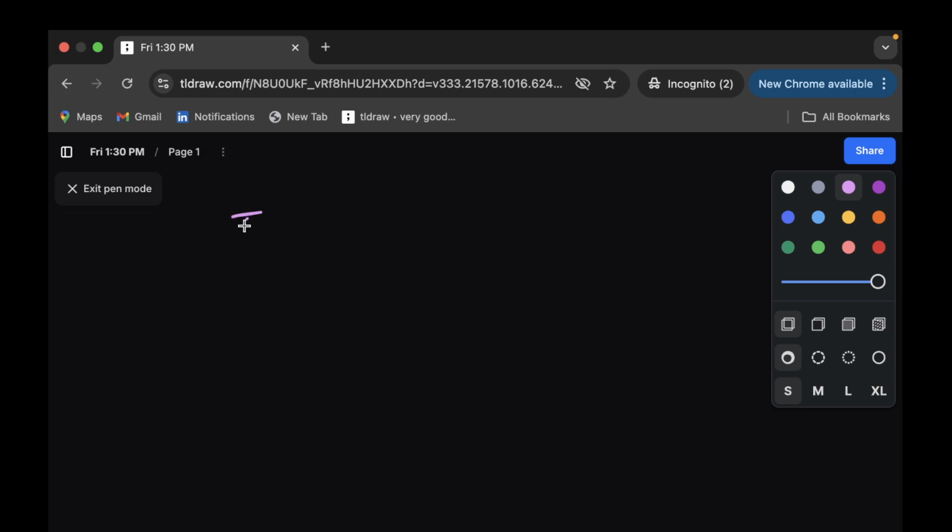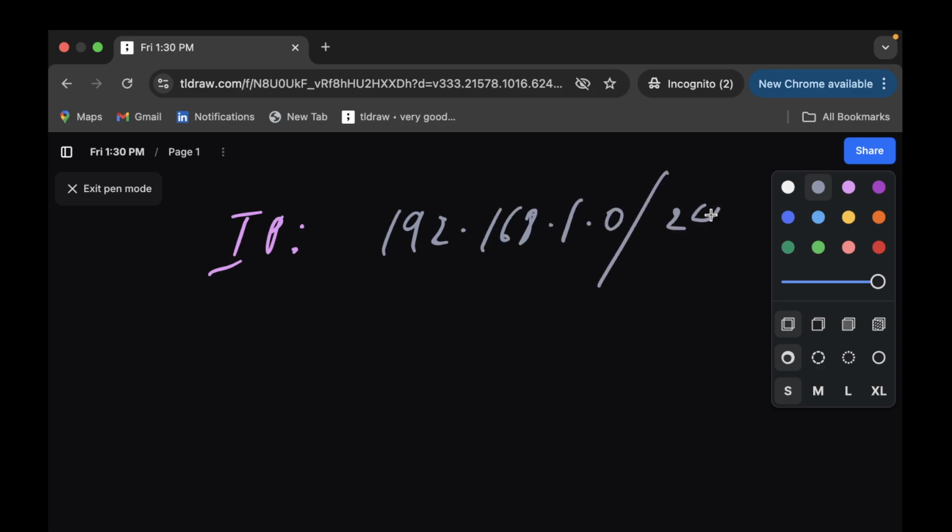So for example, this is our IP. We have the address written here, and then this is reserved for our network bits. If out of a total of 32, 24 are my network bits, then the host bits are going to be 8.